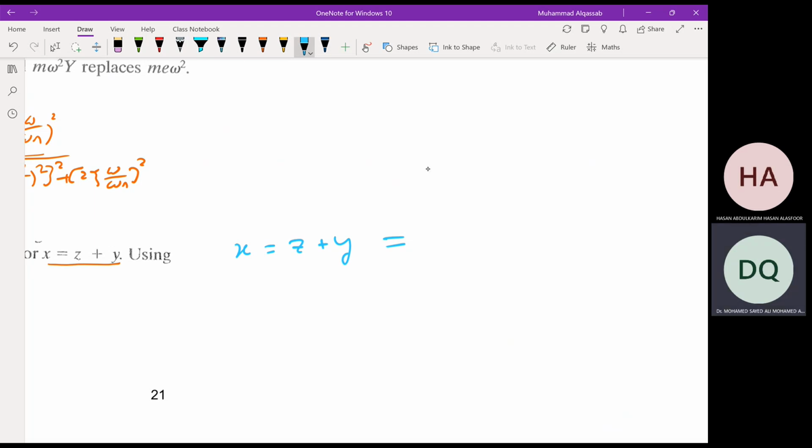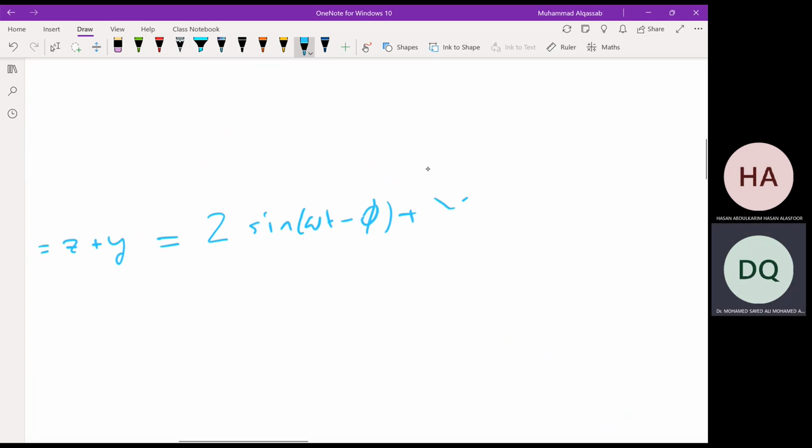When you substitute for z, this will be capital Z sine omega t minus phi plus capital Y sine omega t. So we cannot say this is capital Z plus capital Y because there is a phase difference. If the phase is 0, then you can add them together, but here the phase is not necessarily 0.